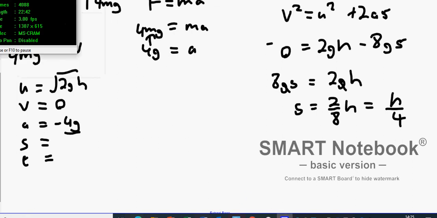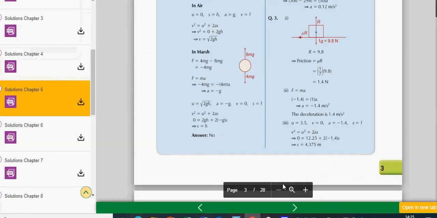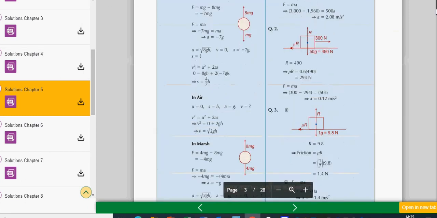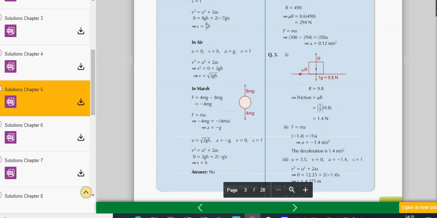Because when you're doing any questions, just verify with the book as well. That's what I always do anyway. So these guys got an answer of h. I got h over 4, which is interesting. Minus 2g.